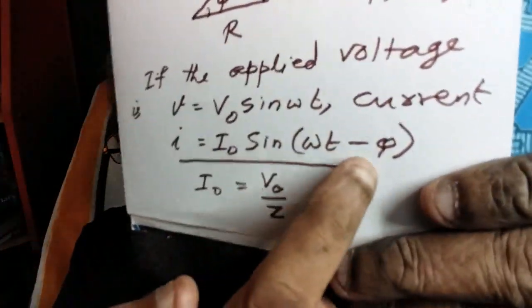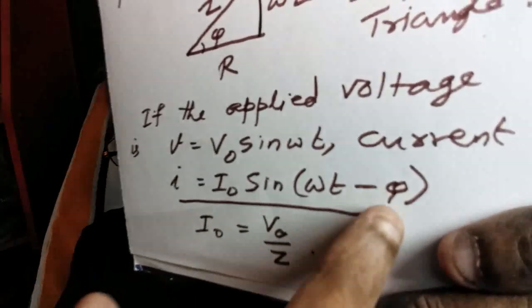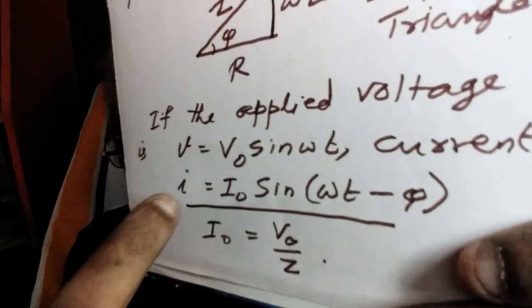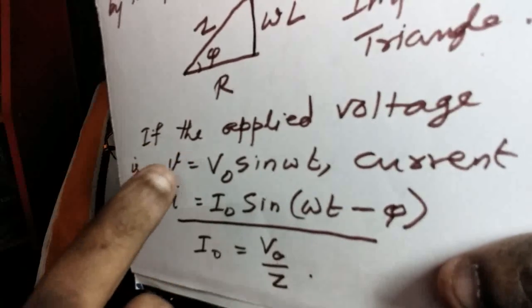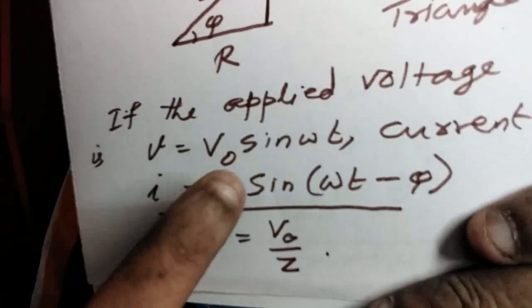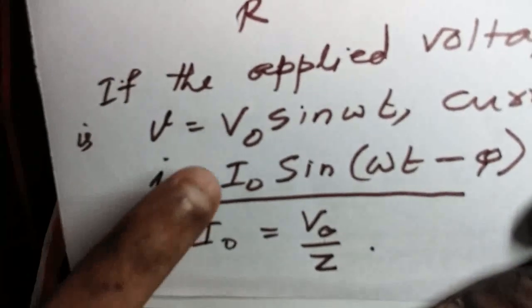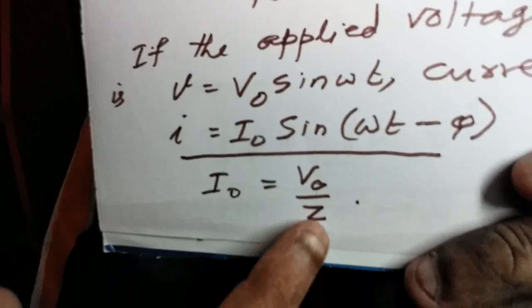That is why we have put a minus phi in the equation for I. Or if you write I equals I0 sin omega t, then V should be written as V equals V0 sin of omega t plus phi, where I0 equals V0 by Z.